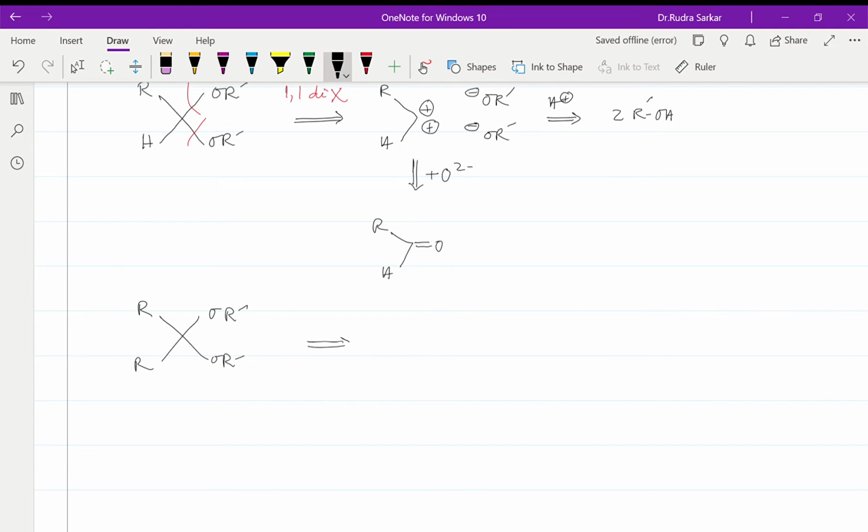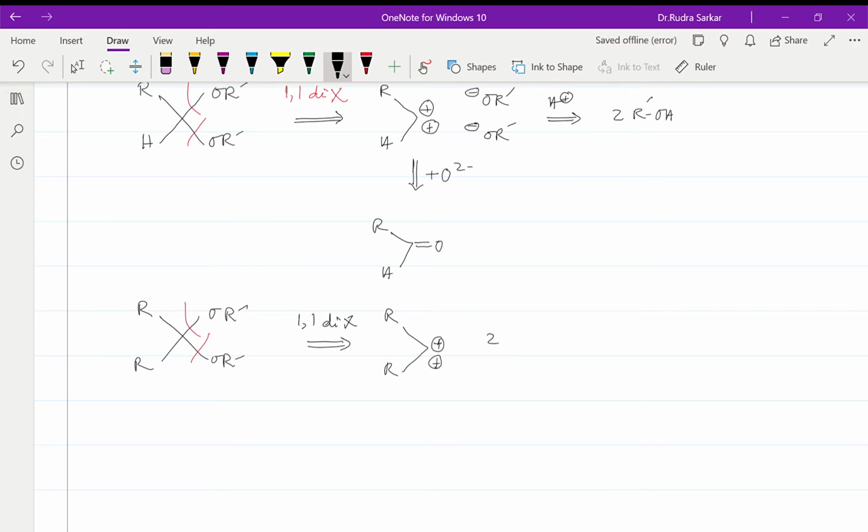The similar practice can be used to find out the starting materials for a ketal, which is this, and for that too we will use 1,1 DIX, that is the cleavage happens over here. Now our synthons are this one.